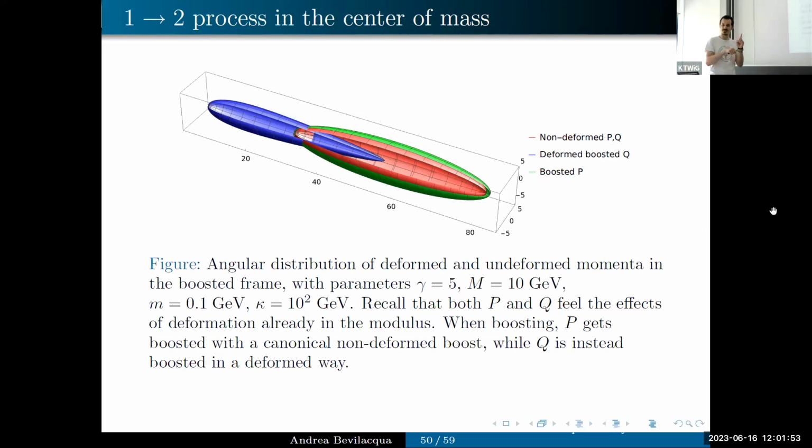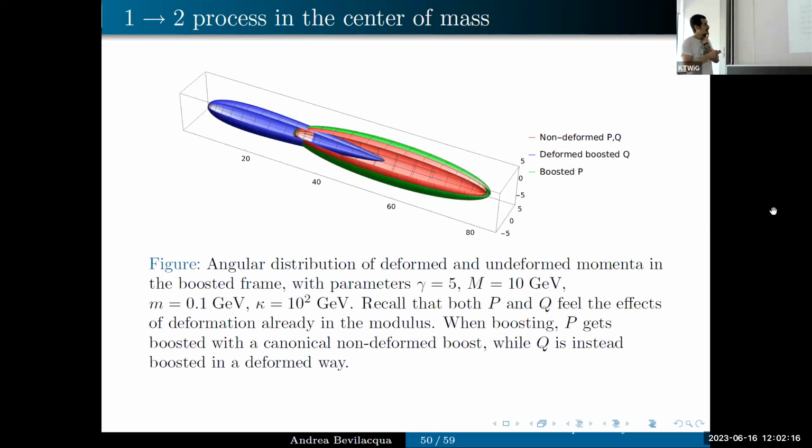They only gain momentum towards the boost. Now here we chose a boost gamma equals 5, so it's not such a large boost, but notice the very interesting part. So the red cigar over here is what you get when you take the normal particles without deformation and you just boost them without deformation. So this is what you expect the distribution of momenta to be.